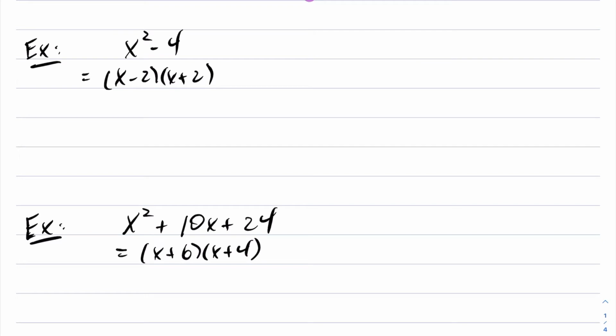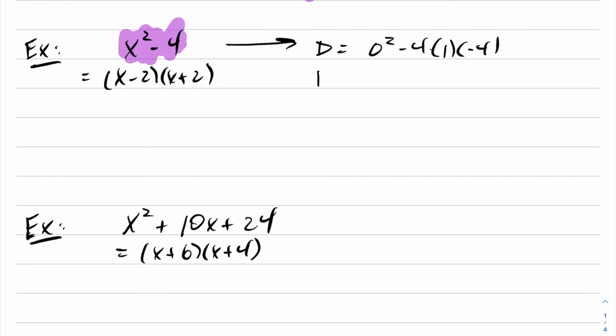I've got another quadratic, x squared minus 4. Clearly it's factorable, but what does the discriminant tell us? Well, my discriminant here is going to be b squared minus 4ac. Your discriminant comes out to be 16, which is a perfect square, right? 4 squared is 16.